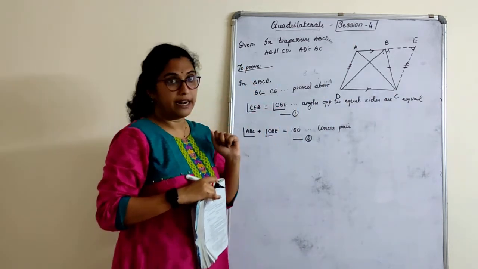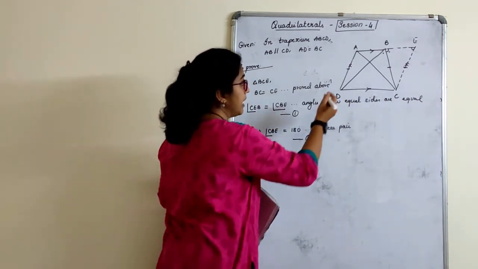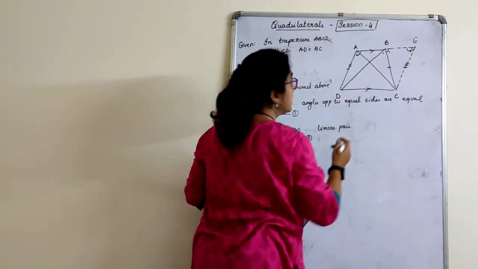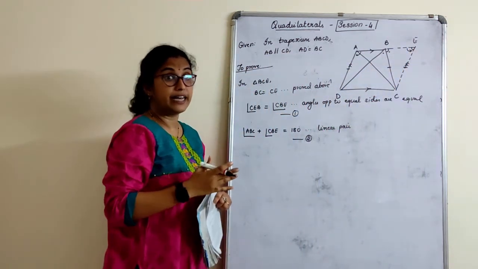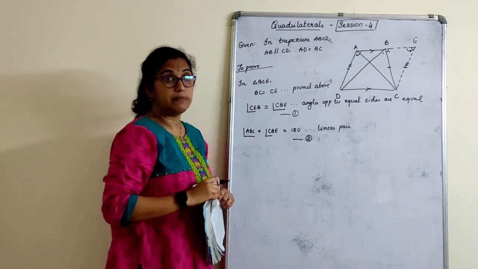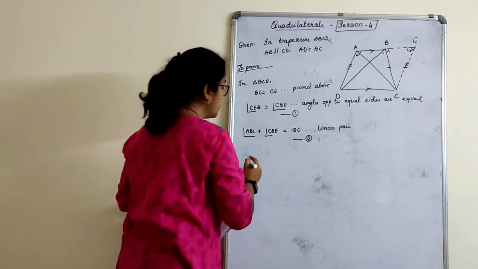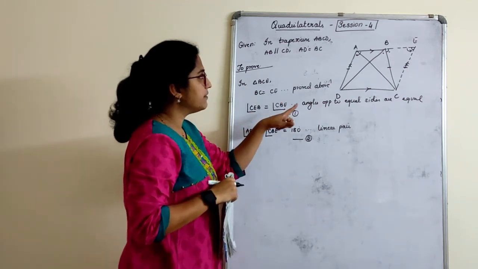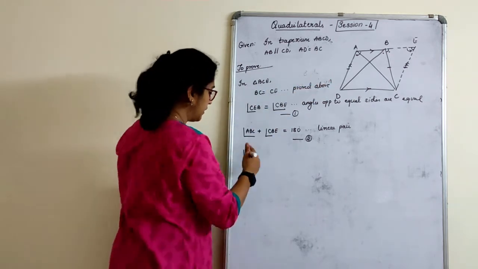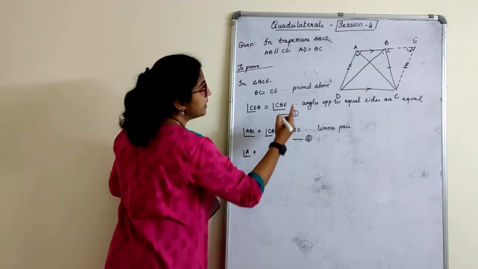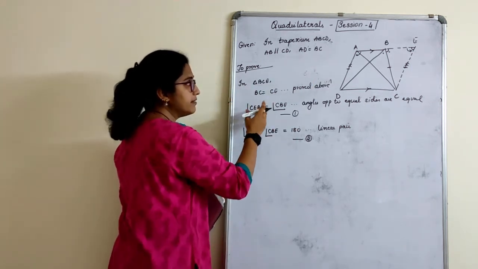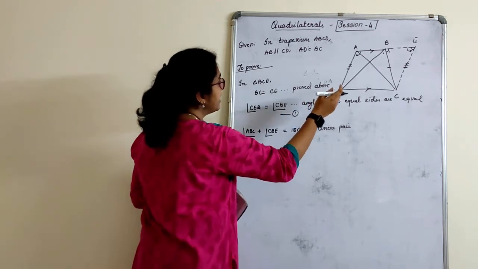ABCE is a parallelogram. If it is a parallelogram, can I tell that angle A plus angle E is equal to 180? Why? Consecutive angles are supplementary. Can we use that? Let's use. So, see children, angle A is individual. I'll write angle A. Angle A plus angle E. Actually, angle E also is individual, but I have written this. We will write accordingly. How do we read angle E?